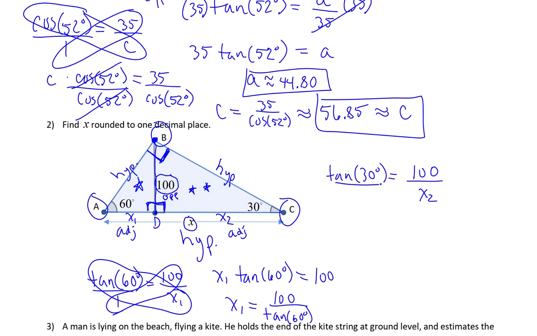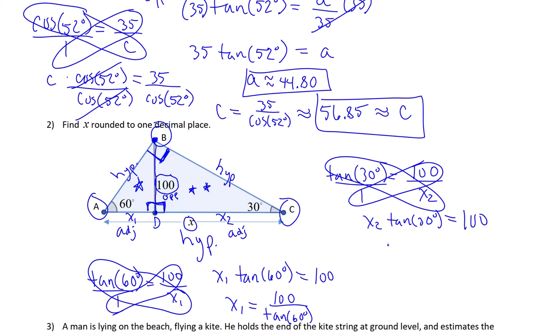Well, again, if we put tangent of 30 over 1 and cross multiply, we end up with x sub 2 times the tangent of 30 degrees, that's one diagonal, equals 1 times 100, that's the other diagonal, which means x sub 2 equals, if we divide by tangent of 30 on both sides, 100 divided by tangent of 30 degrees.